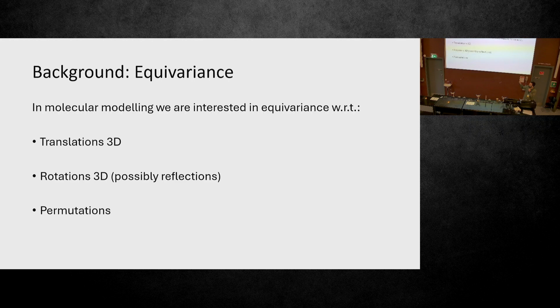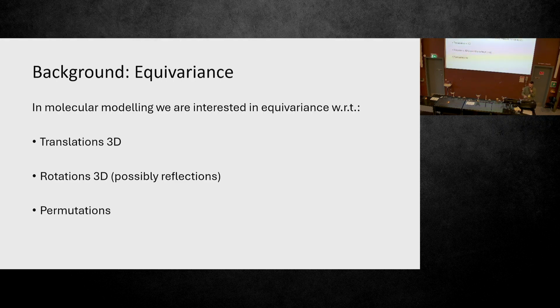and also permutations. Permutations arise if we index the nodes differently in the array that we have in our computer. We will still expect the same output. This means, for example, if we have an atom represented as a vector of points with some coordinates associated, if we index these things differently, we are still representing the same atom.